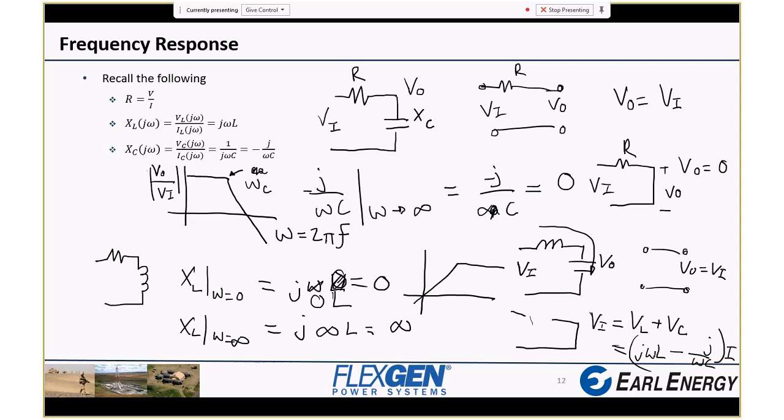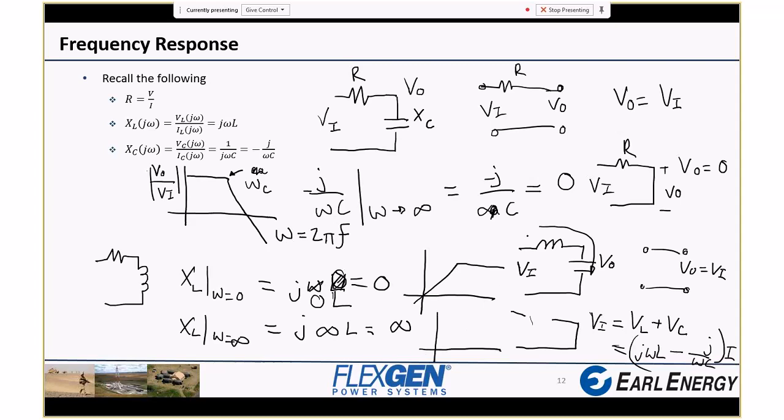What can happen is at one particular frequency, the term omega L exactly equals 1 over omega C, so that when you subtract a number from that same number, you get 0. And that results in resonance. Let's see if I can draw out how this ends up happening.